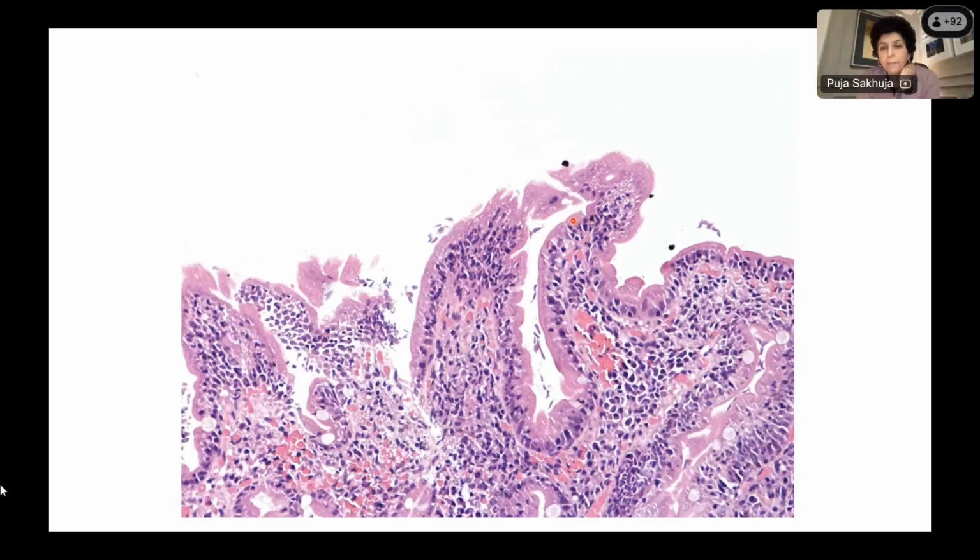What is the pattern of increase of intraepithelial lymphocytes that we see in celiac disease? Because mind you, celiac and giardia can also coexist. If there is celiac disease, where are they present in the villus?